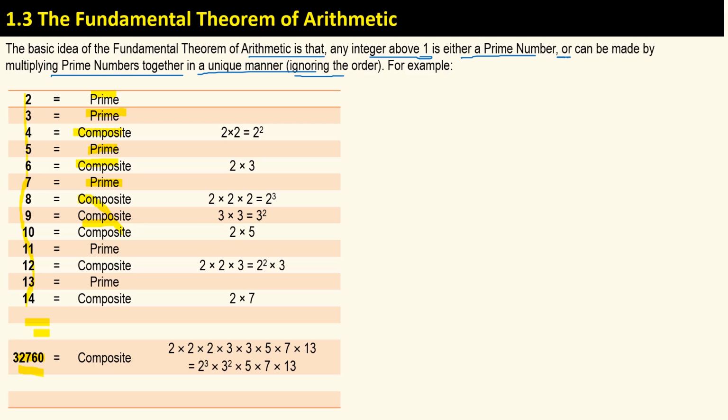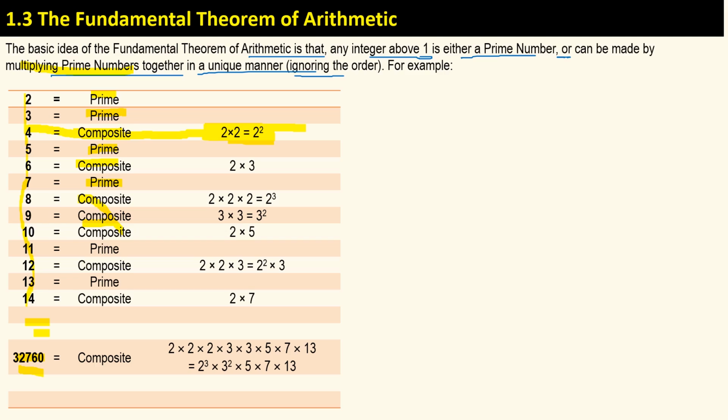Let's consider, say, a composite number 4, and from the basic idea here we notice that a composite number can be formed by multiplying prime numbers. So number 4 is formed by the multiplication of number 2, which is a prime number. So 4 is equal to 2 raised to power 2.